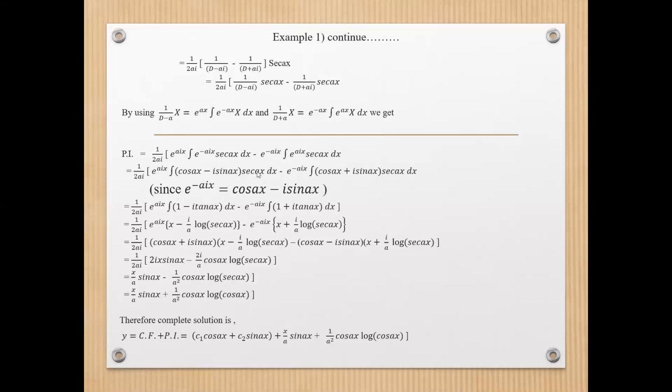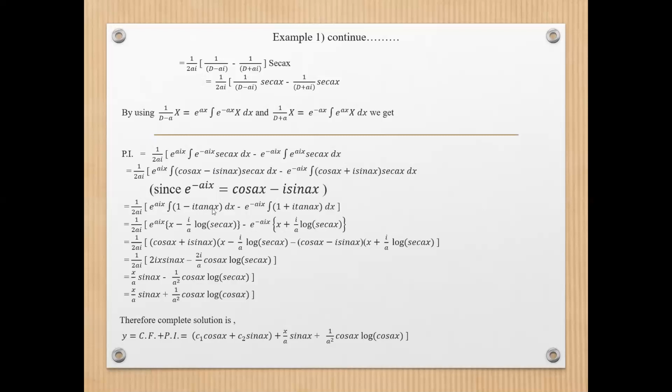Now multiply sec ax inside the bracket. What do we get? 1 upon 2ai e raised to aix integration, cos ax into sec ax. We get 1. Getting me? Cos ax into sec ax, cos ax into 1 upon cos ax. 1 minus, here is i as it is, sin ax into sec ax means sin ax into 1 upon cos ax.